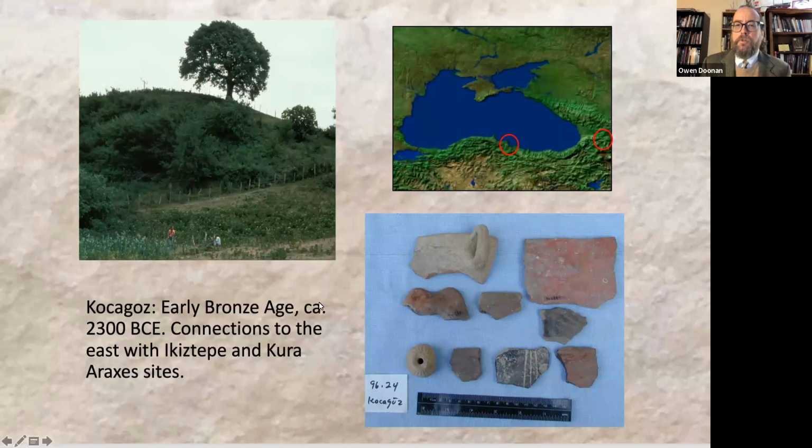But those materials we found and recorded at Kojagos came from a range of different areas, including the eastern Black Sea of Anatolia near Samsun, but also all the way into the Kura-Araxes region in the eastern Black Sea.